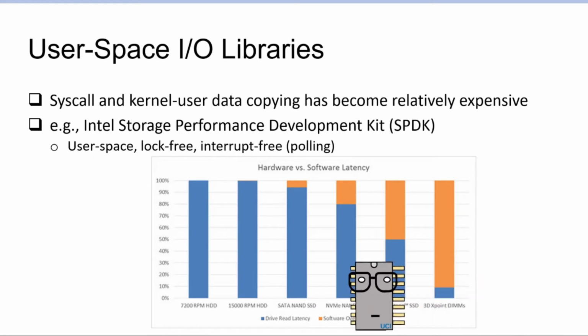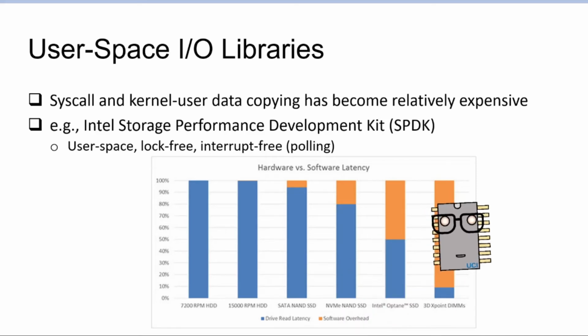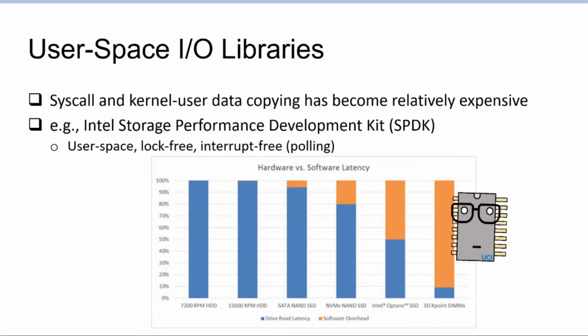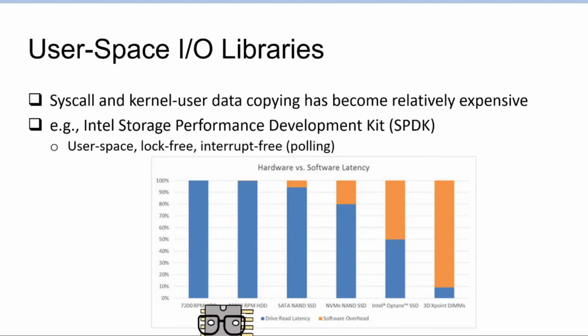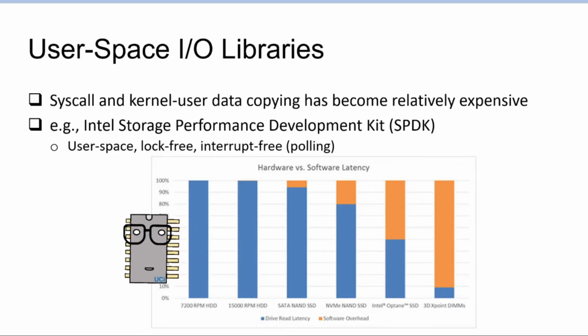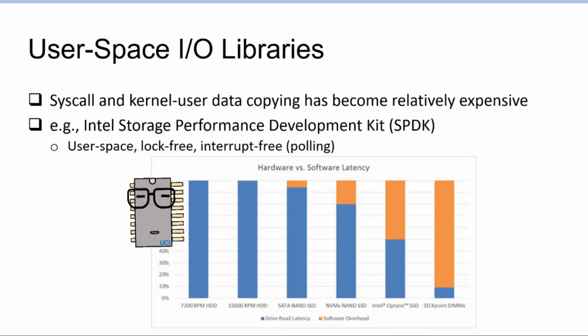Anyways, the blue bar is the latency of the actual storage device, and the orange bar is the latency of the software involved in reading or writing the data, because it's drive read latency. For HDDs, because they're so slow, the overhead of software is pretty negligible.